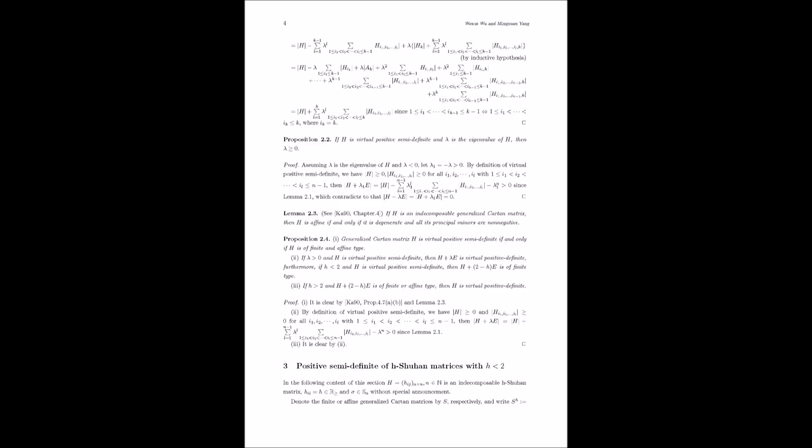And just when you think it can't get any better, the paper brings us full circle. It concludes by revisiting generalized Cartan matrices and provides a final classification based on their types. This is where proposition 3.15 comes in. It essentially categorizes generalized positive semi-definite and generalized positive definite generalized Cartan matrices based on their specific types. So after this journey through h-Shuhan matrices, we're back to familiar territory.